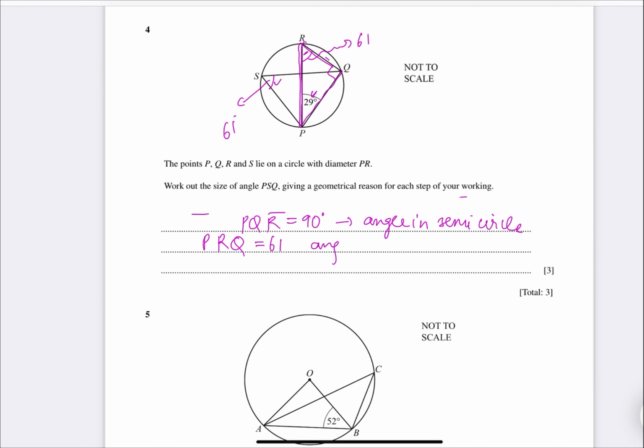Angle sum of a triangle. And the last reason, PSQ equals 61. Why? Angle in the same segment. Remember this. While studying, you have to be thorough with the concept. If your concept is unclear, go back to the concept first, then come to the questions.